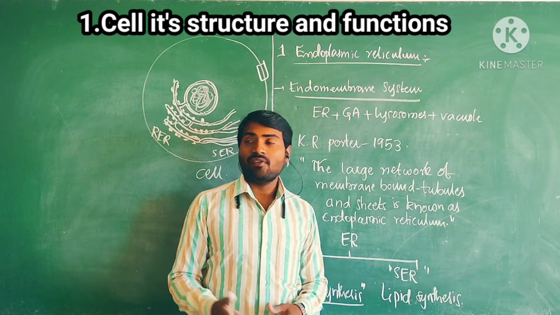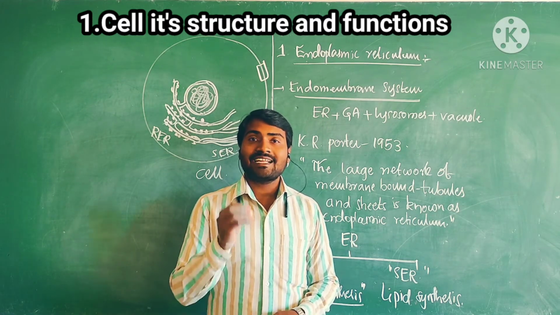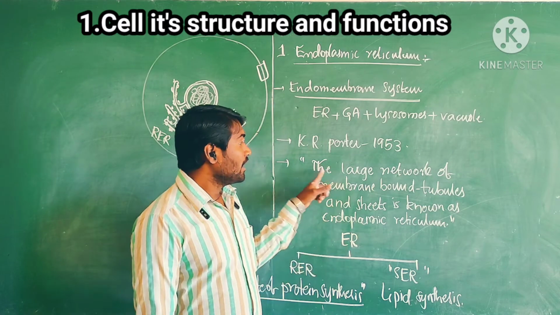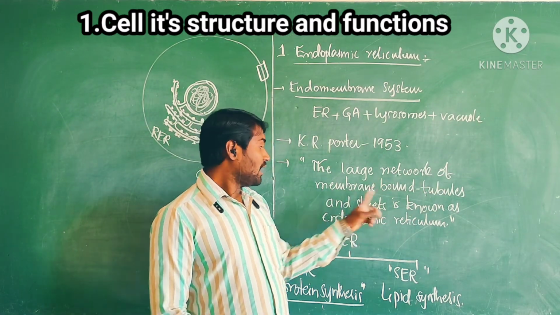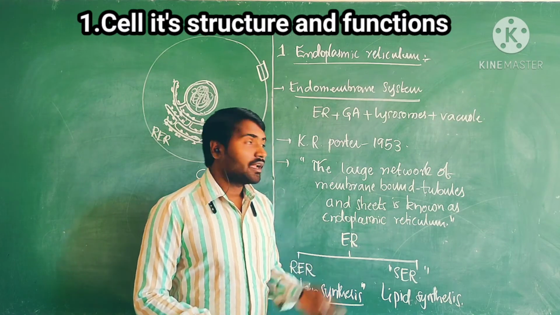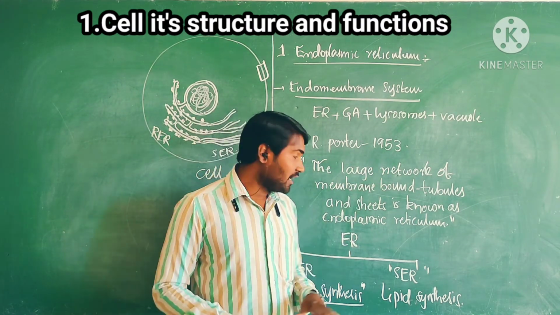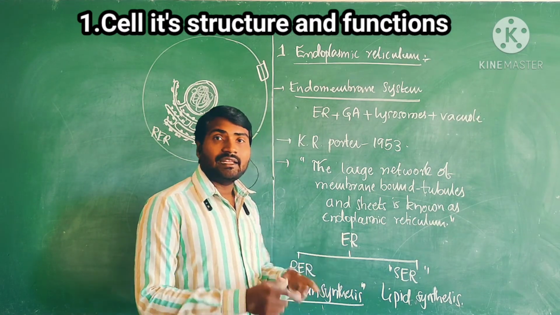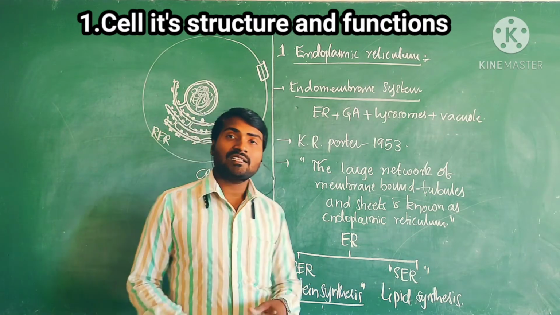I will write the functions of this endoplasmic reticulum. Let us recapitulate the structure. It is a large network of membrane-bound tubules and sheets known as endoplasmic reticulum. It was discovered by K.R. Porter in the year 1953, and it is broadly categorized into two types: smooth endoplasmic reticulum and rough endoplasmic reticulum.